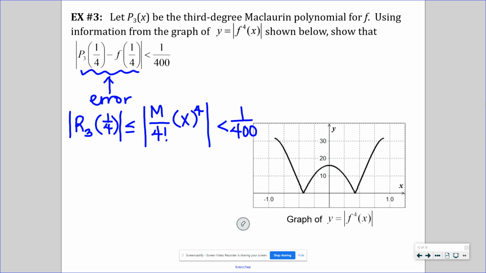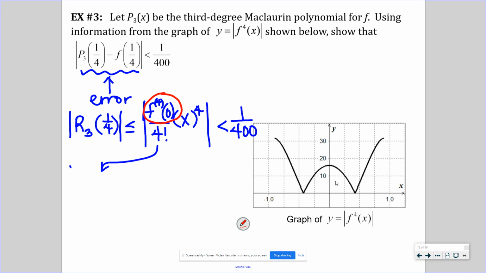So kind of like number 2, the last example, this value is not known. Actually, I think maybe I'll write it a different way to show you what I mean. Remember that top number represents, in this case, the 4th derivative at the value of 0 because it's a Maclaurin polynomial. Okay, I actually can use the graph to find this value.